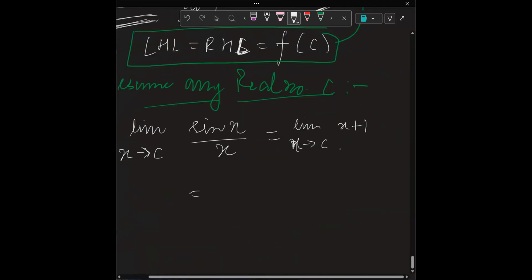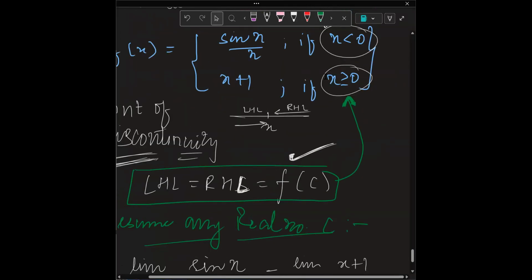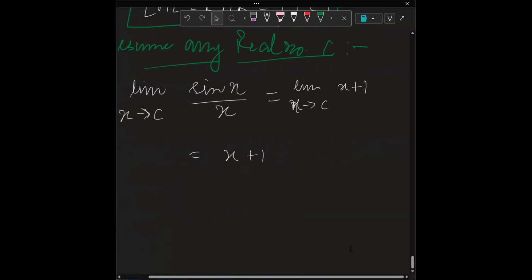And at last you have the function value. That function value is x plus 1, because function value किस पे होती है at that particular x. So if I consider some x equals to something, I would consider it as x plus 1. Is it okay? जी सर.